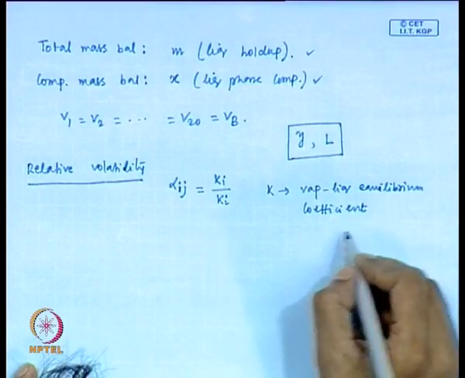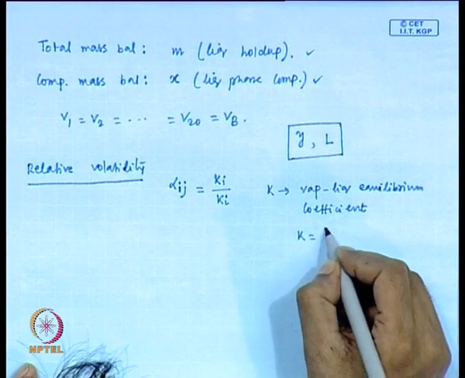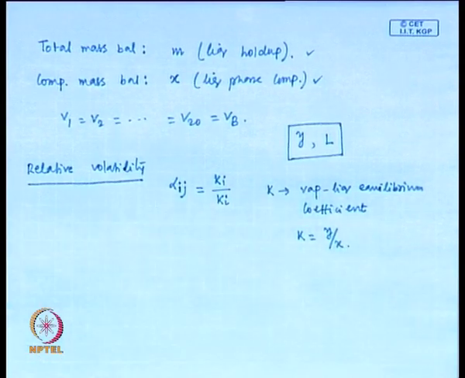It is also called distribution coefficient, which is basically represented by y by x. I mean K equals to y by x.